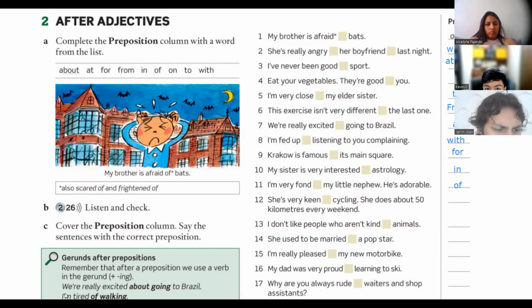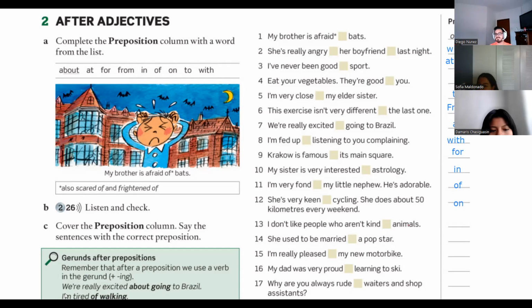Jocelyn Fajardo, 13. I don't like people who aren't keen on animals. To animals, very good. Damaris, 14. She used to be married to a pop star. Married to. Sophia, 15. I'm really pleased with my new motorbike.